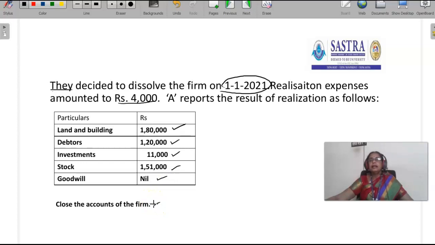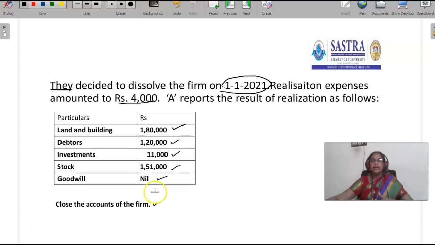In the dissolution, usually the firm closes all the accounts of the firm. They are closing the business permanently, and so they close all the accounts. Assets and liabilities are closed, then outside liabilities, partners' loan, and unrecorded assets, if any, should be transferred.